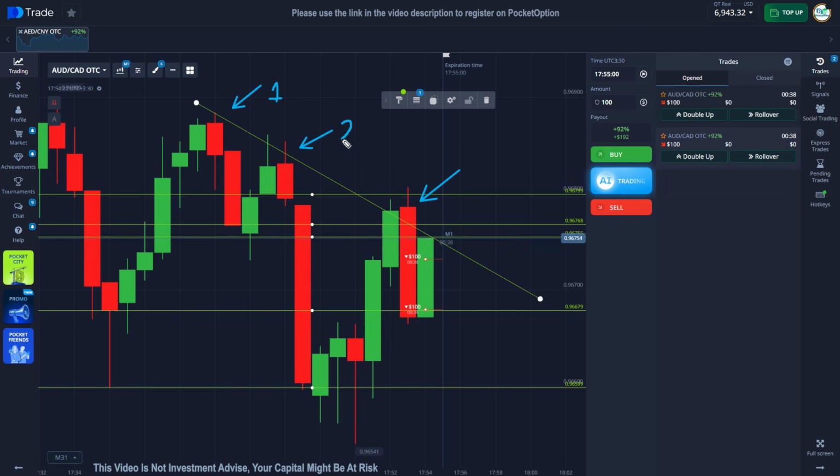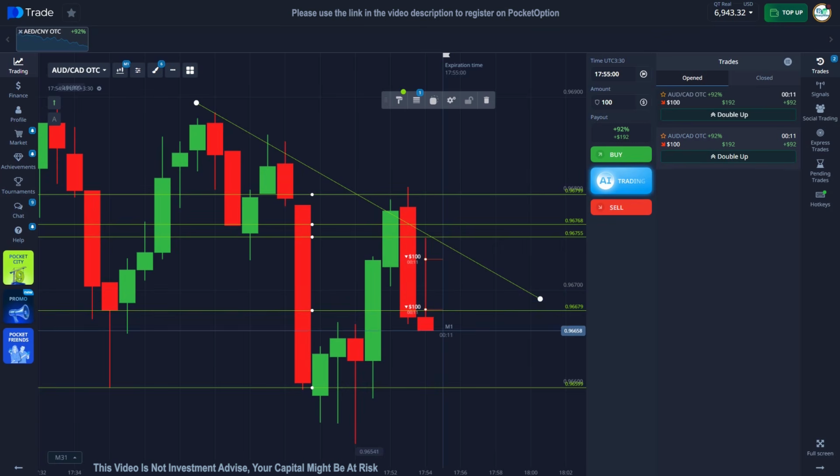On the other hand, the red candle engulfed the green candle. At the first entry point, I waited for the candle to touch the level first, and after receiving the rejection, I entered the lower trade.